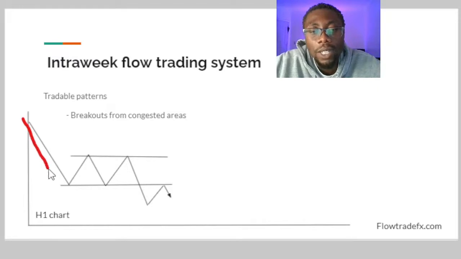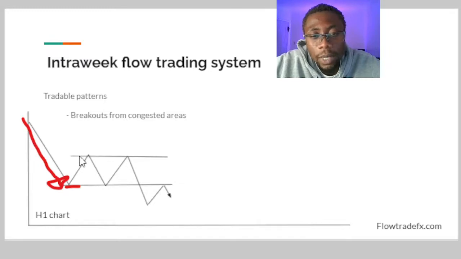We have a downtrend here where price has been running for quite some time and it's covered quite some distance. Price gets tired and it ends up forming a bounce level here.